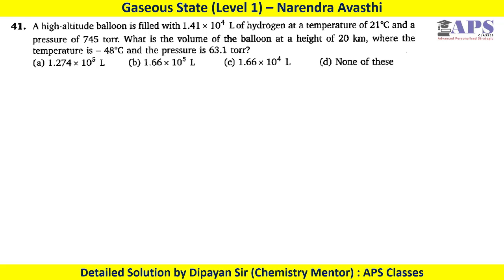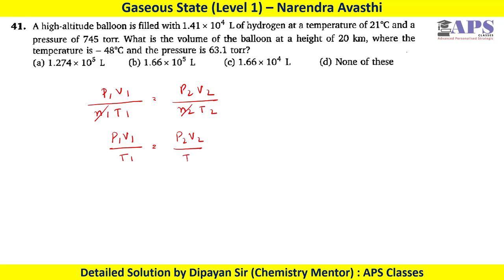63.1 torr. So in this case we can apply P1V1/n1T1 = P2V2/n2T2. The number of moles is constant, so we can cancel n1 and n2. So P1V1/T1 = P2V2/T2 will be the working formula.